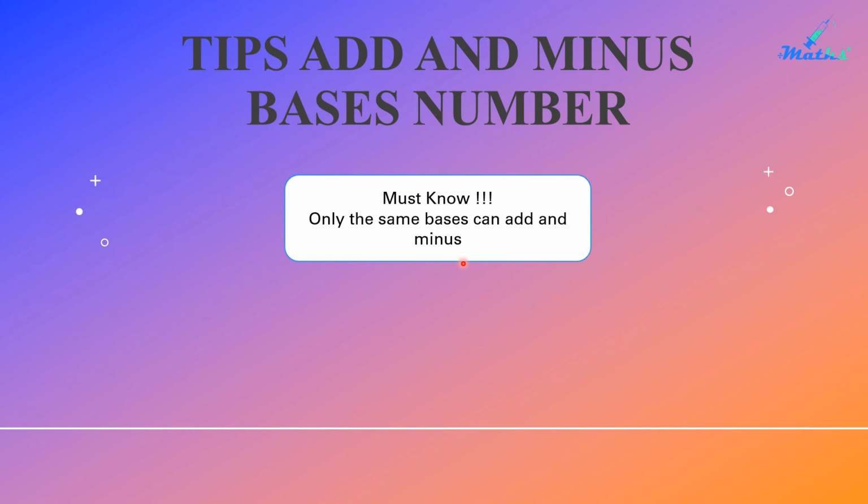It cannot be minus. Why? Because they are not the same base. Only the same base can be minus or add. So you will need to convert the 101 base 2 to base 8, or convert the base 8 to base 2, then you do the calculation.